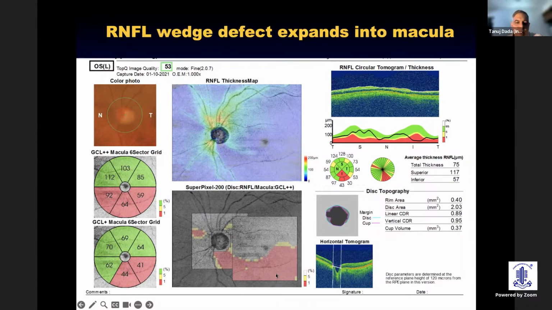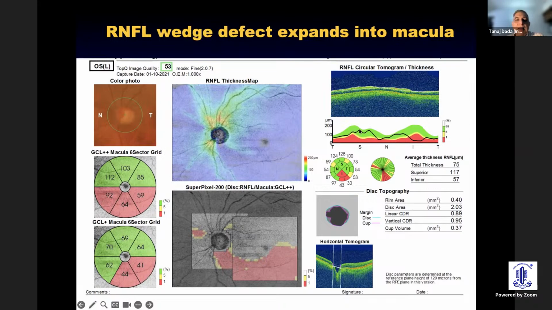So this is one congruous region, the ganglion cell loss in the macula corresponding with the inferior retinal nerve fiber layer defect. So this is a very good correlation where you have RNFL damage associated with ganglion cell complex damage.